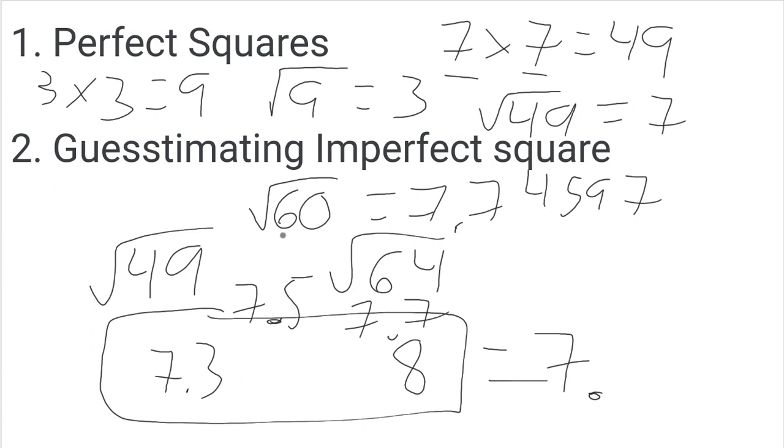Well, Mr. G, how do we know which one it is? I did 60 minus 49, 60 minus 64, and kind of saw which it was closer to. But again, we're just guessing. It's guesstimation. So because 60 is closer to 64, my final answer I'm going to say is 7.7.